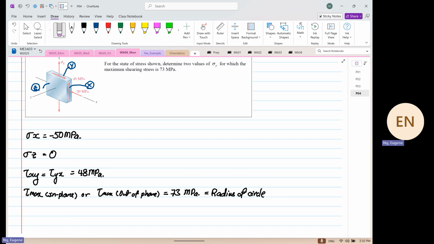Now, we also know that stress max and min can be equal to 73 times 2, which is equal to 146 plus or minus 146 megapascal.